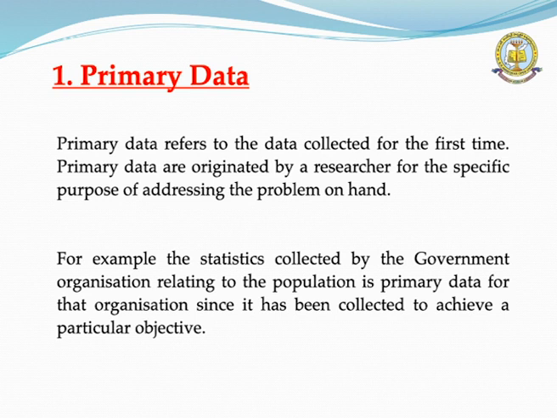Primary data are organized by a researcher for the specific purpose of addressing the problem on hand. For example, the statistics collected by a government organization relating to the population is primary data for that organization, since it has been collected to achieve a particular objective.